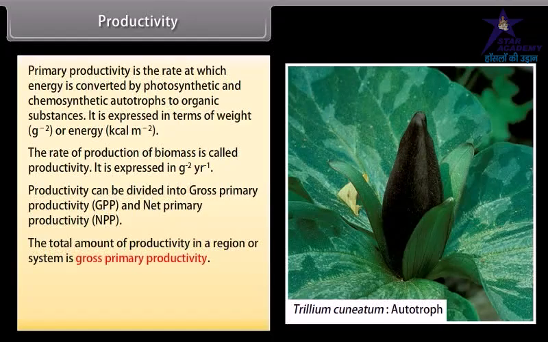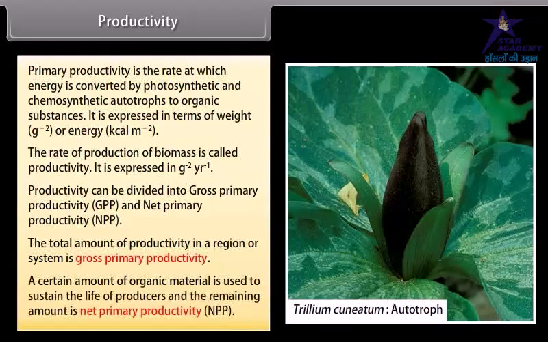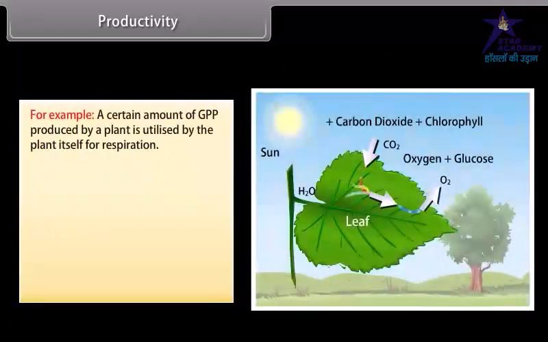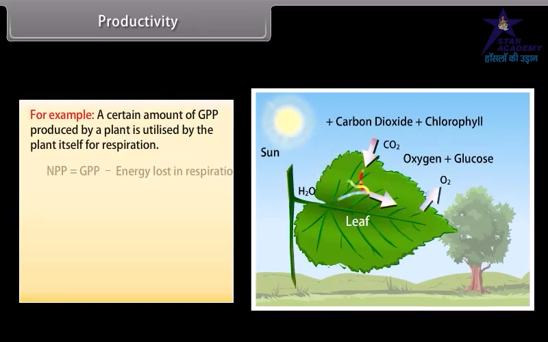The total amount of productivity in a region or system is gross primary productivity. A certain amount of organic material is used to sustain the life of producers and the remaining amount is net primary productivity (NPP). For example, a certain amount of GPP produced by a plant is utilized by the plant itself for respiration.